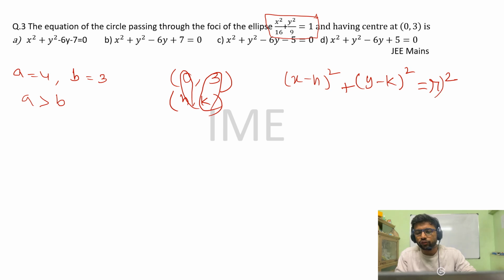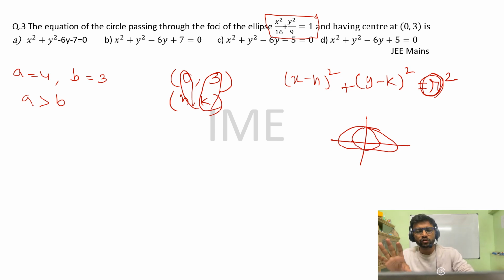Now all we want is the value of the radius. So see, this is the situation. This is the ellipse, and if I take a rough figure, these are the foci. This is not a fair figure because the center is 0 comma 3, so we cannot draw the circle like this, but I want to show you the geometrical interpretation.